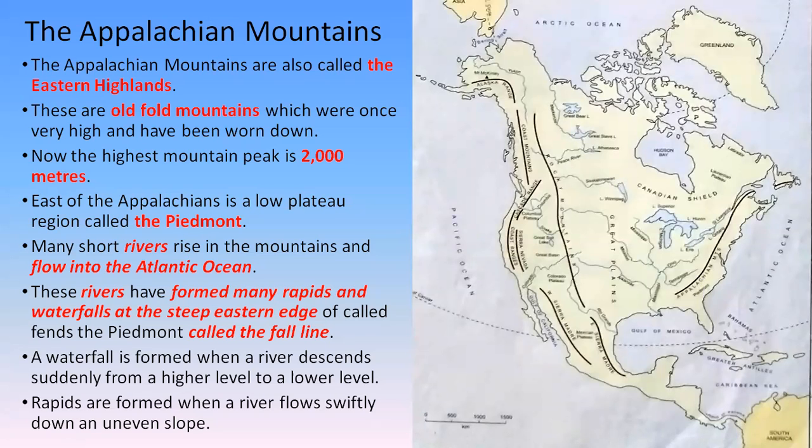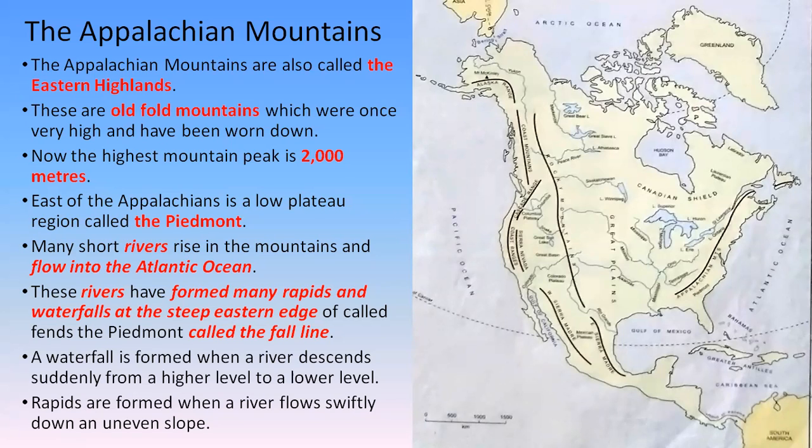What are rapids? Rapids are fast-flowing rivers on an uneven surface. You might have seen pictures of rafting in the Himalayan rivers. All such fast-flowing rivers are called rapids.